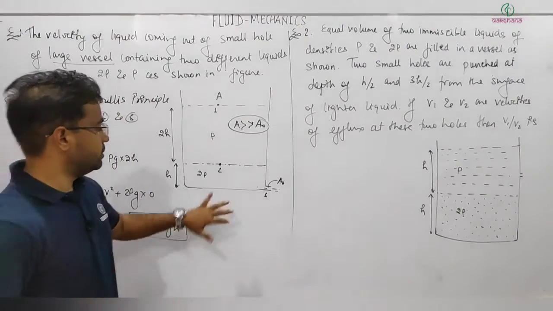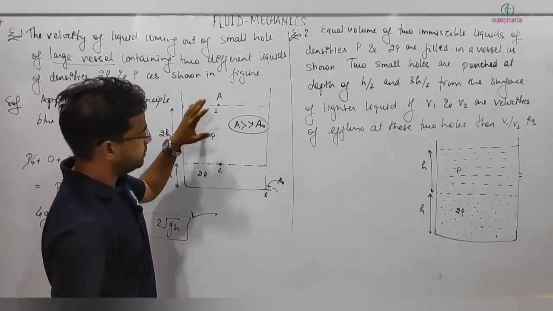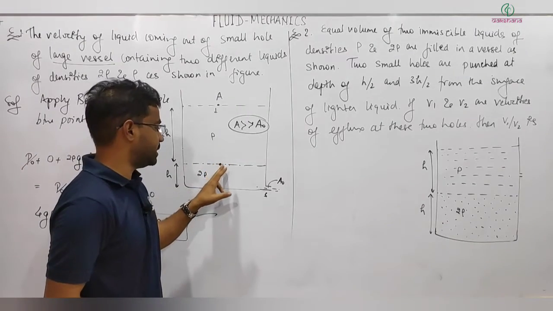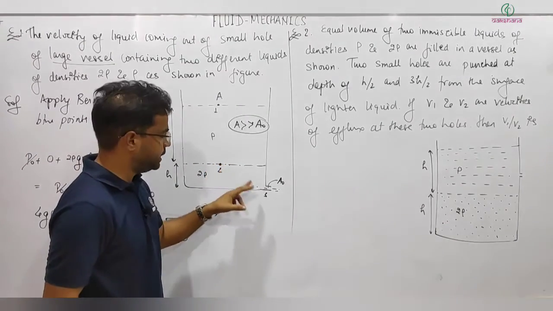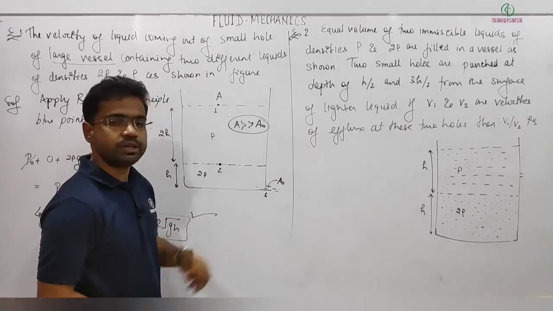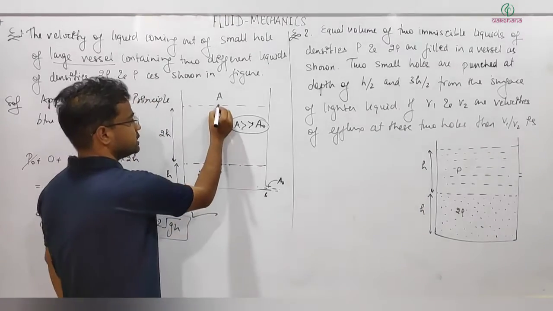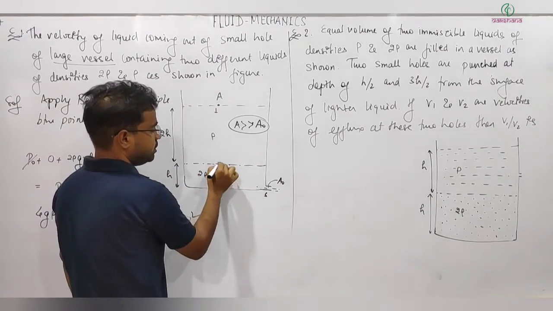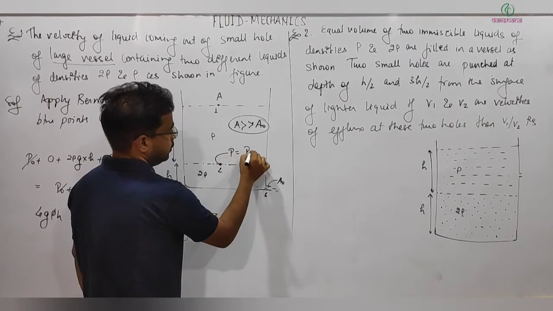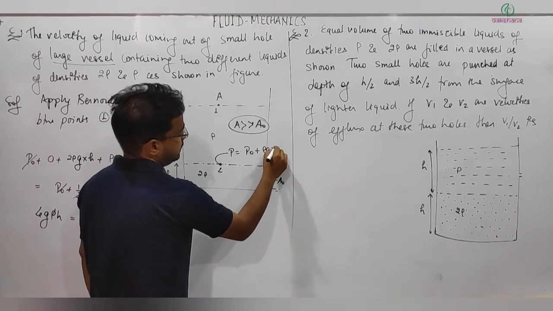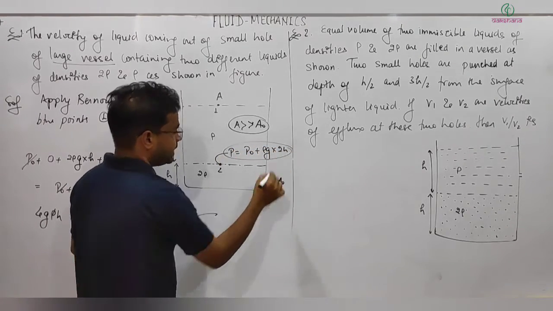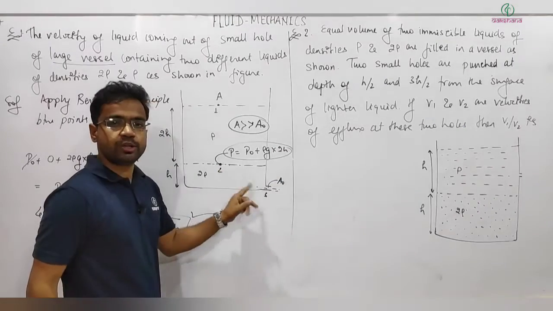Another way is, let's say what I need ultimately is the pressure. If I get the pressure at this point, then I can apply Bernoulli's principle between point 2 and 3. You know the pressure at this point is P naught. Then the pressure at this point will be P equal to P naught plus rho G into 2H. And then I can apply Bernoulli's principle between point 2 and 3.